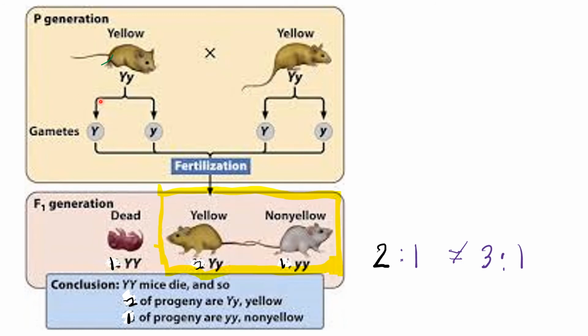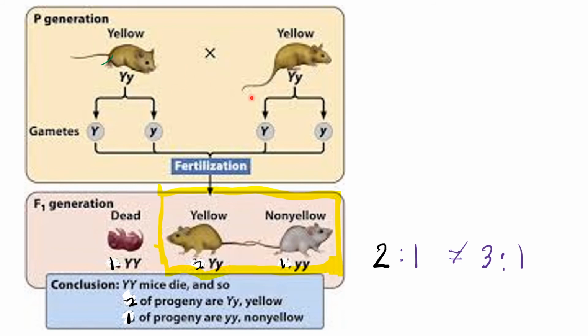An example of the lethal gene can be shown in this cross of mice, where they use yellow mice which have the heterozygous genotype, one dominant and one recessive allele.